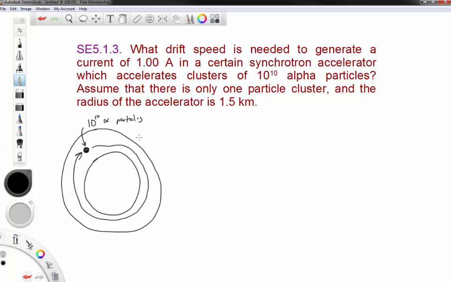What we want is a current of 1 amp. So here is the cross section that we might care about. We basically need this thing to pass through this cross section enough times that we can generate this 1 amp. And by the way, this is sort of an average.